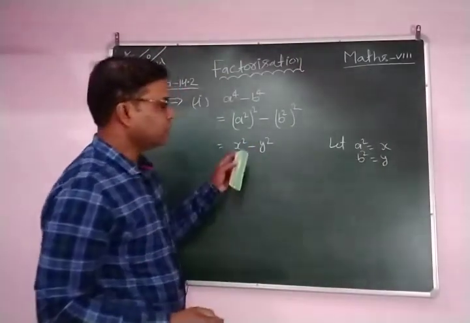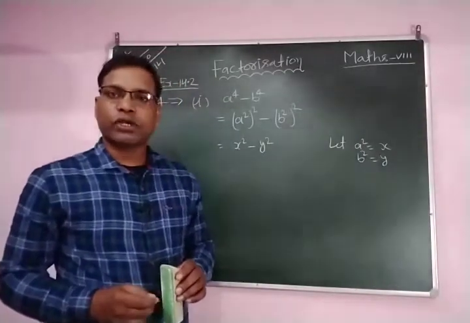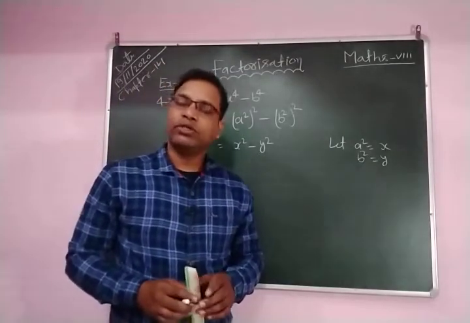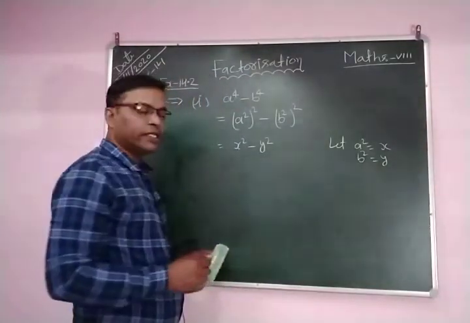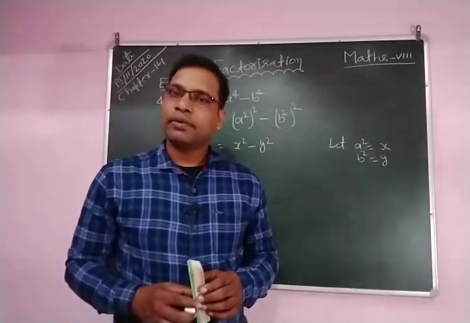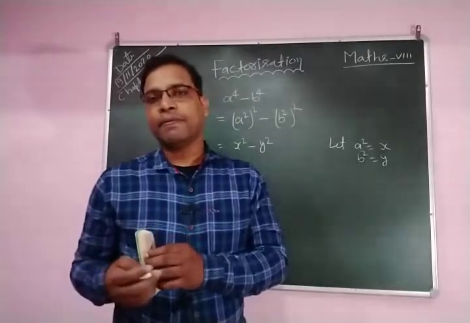So here you can see x square minus y square is a difference of two squares. What is the difference of two squares? It is equal to the sum of the numbers into the difference of the numbers.